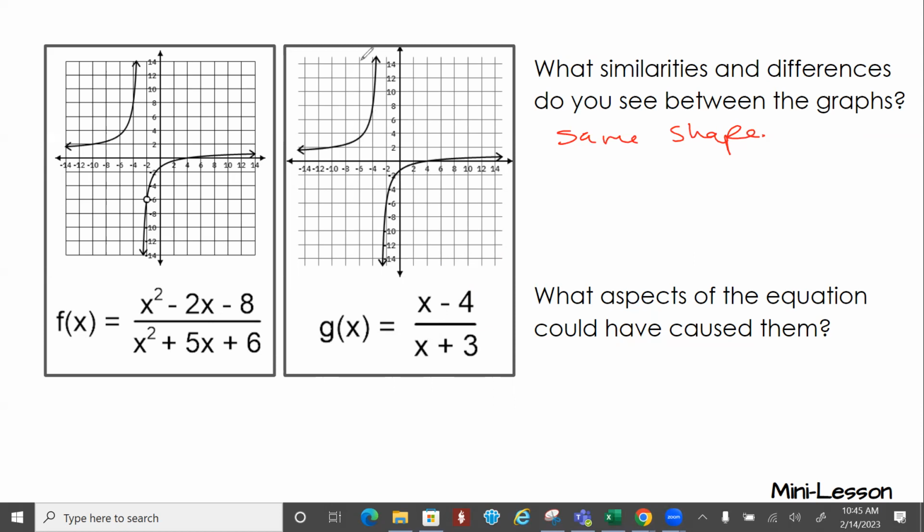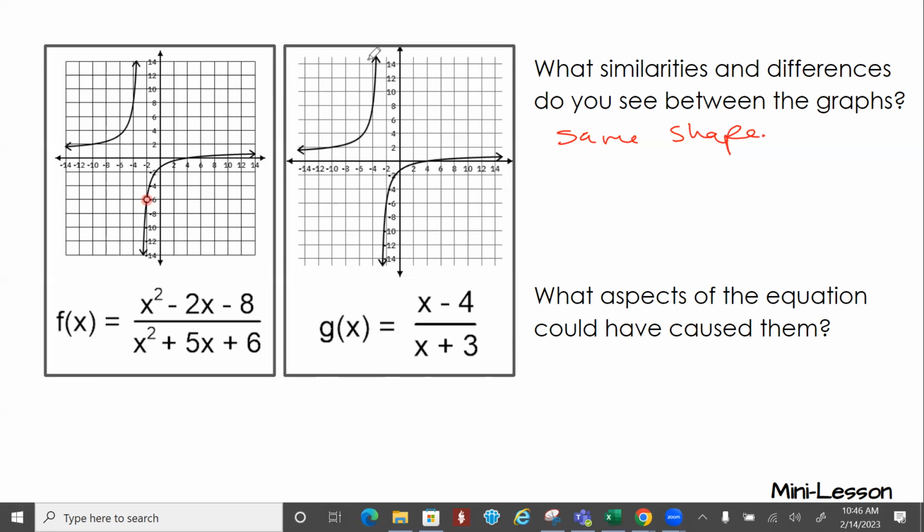Let me point something out for you. So they are the same graph. I'm gonna tell you that. There's one difference though. It's that dot.